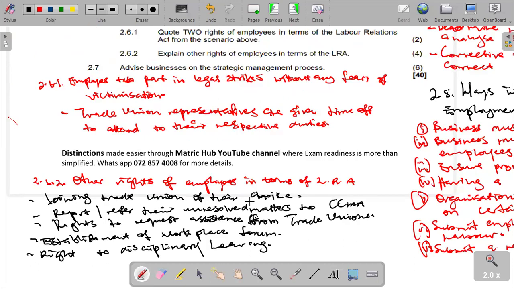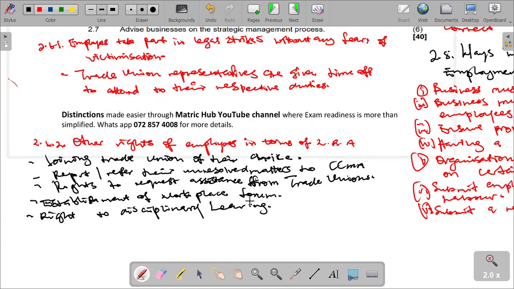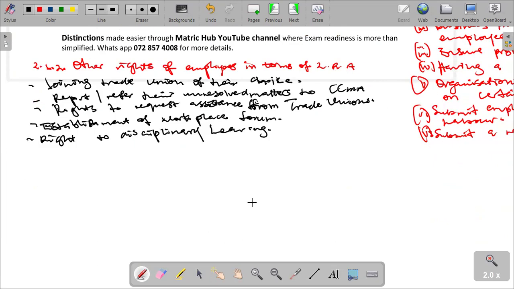And then question 2.7 wants us to advise businesses on the strategic management process.